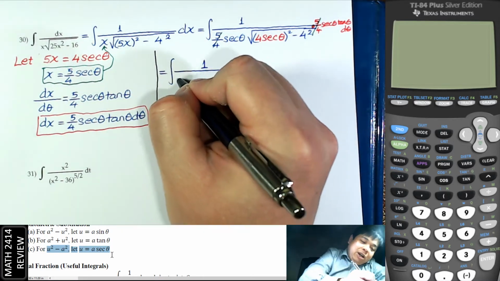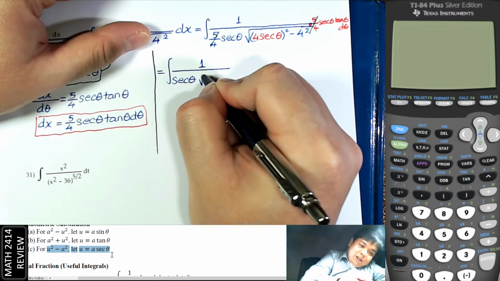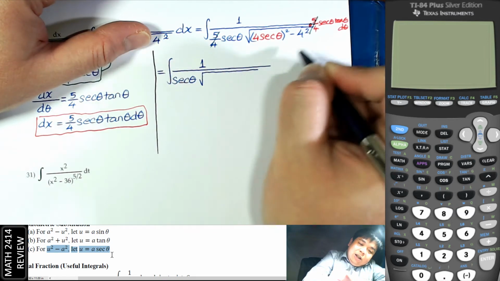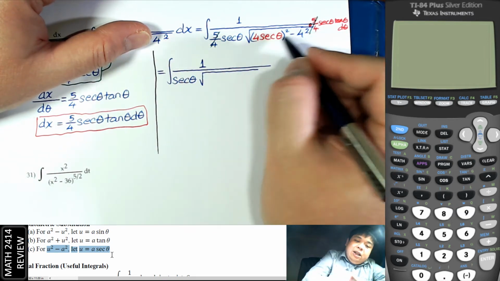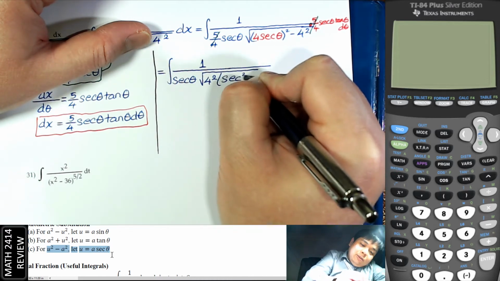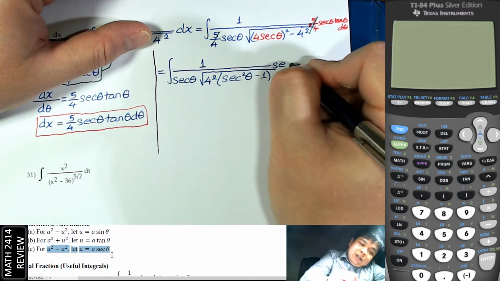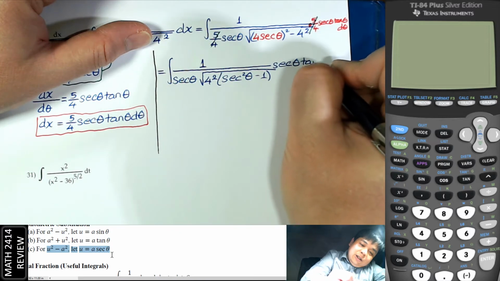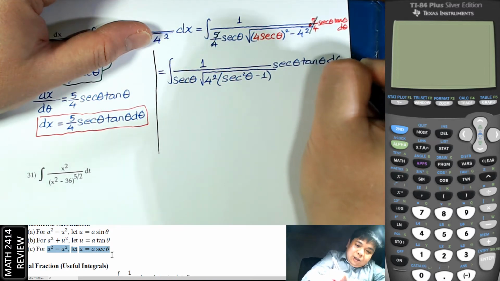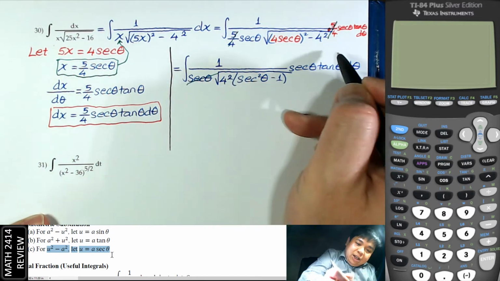So either way they cancel out. 4 squared and 4 squared, 4 squared secant squared, 4 squared factor out. And then secant tangent. Now, of course we can see that also the secant cancel out here.